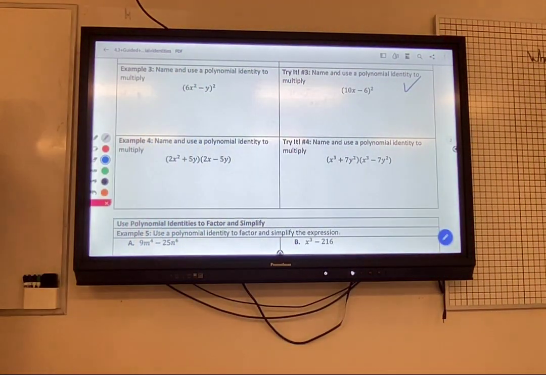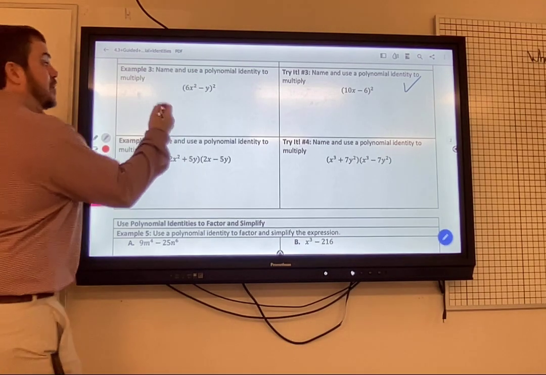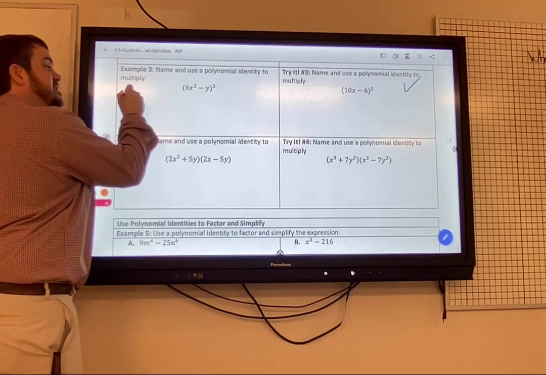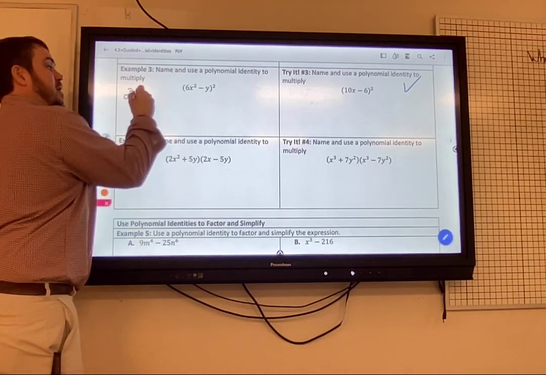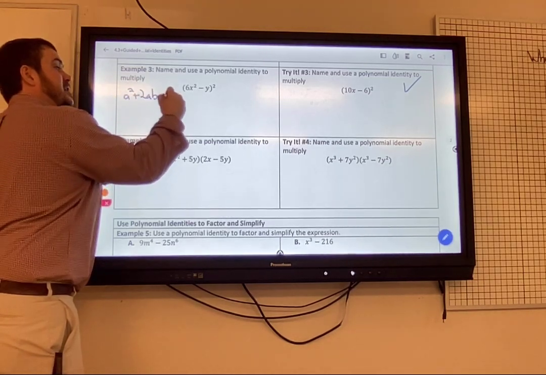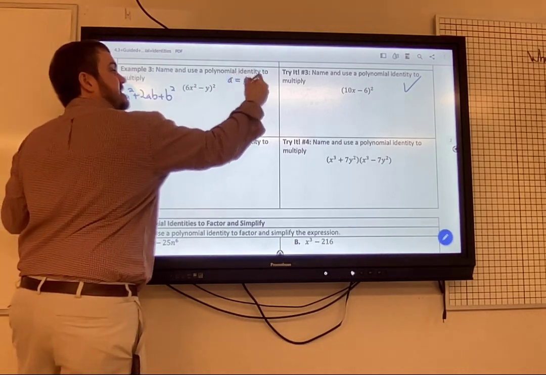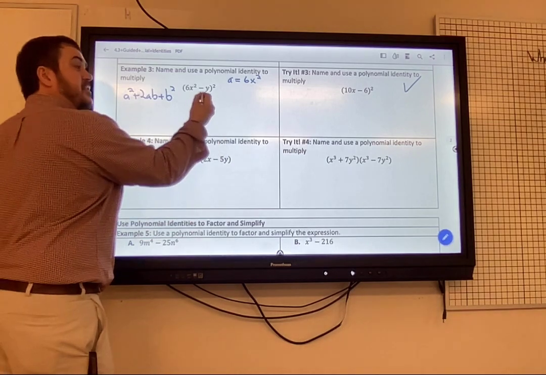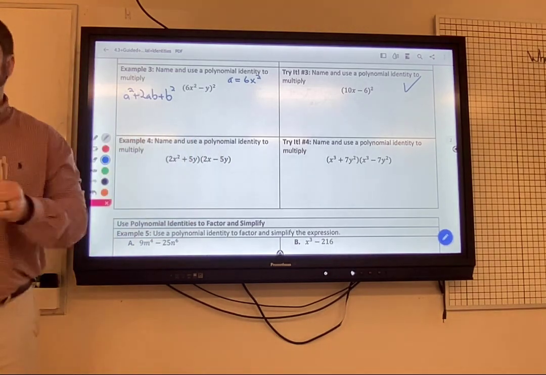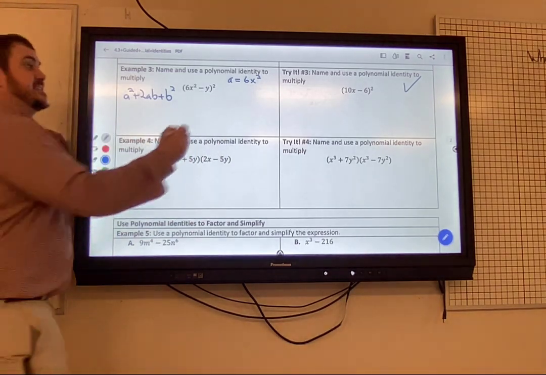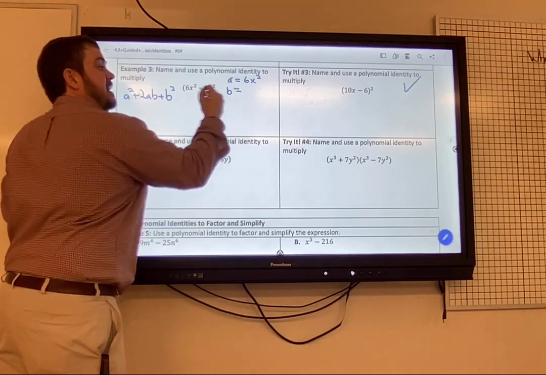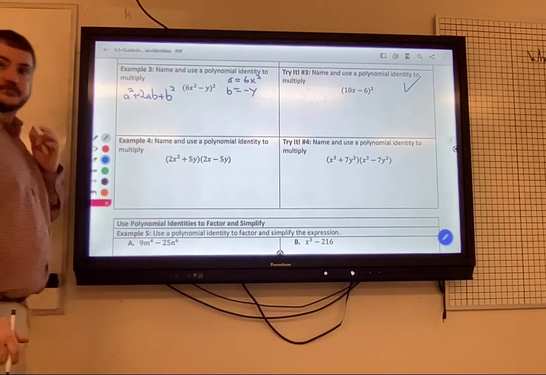Sometimes some textbooks teach this as a totally separate identity. I like to teach it as the same exact one, where we do A squared plus 2AB plus B squared. Obviously, A is 6x squared, but where I don't have to teach you a separate identity, we just need to make sure we let B be negative y.